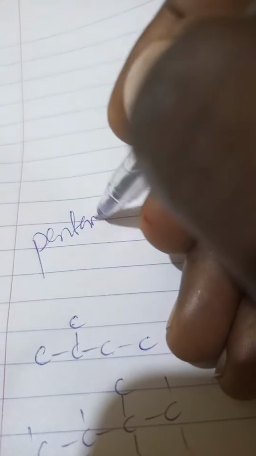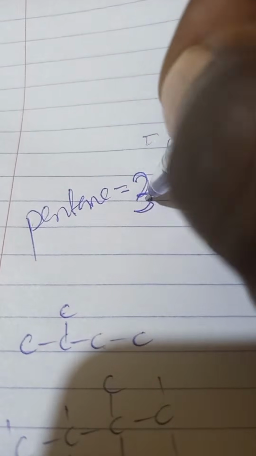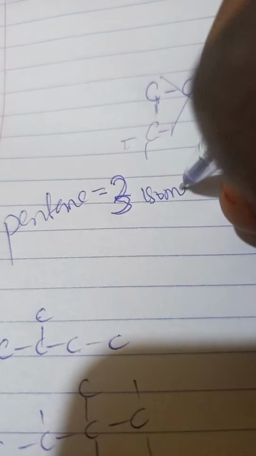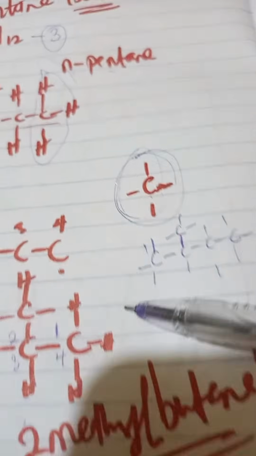That means pentane has 3 isomers. First one, normal pentane. Second one, 2-methylbutane. Last one, 2,2-dimethylpropane.